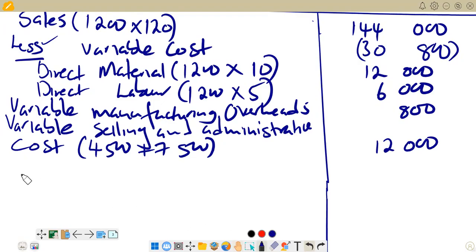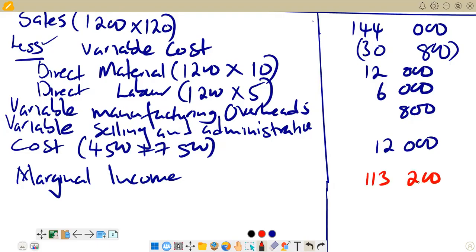So here now we say marginal income. And then the figure that we are getting there, if you say 144,000 minus 30,800, you are supposed to get 113,200. So that's the marginal income.